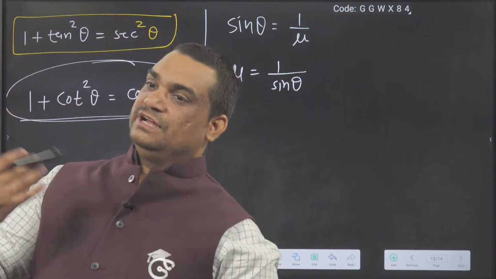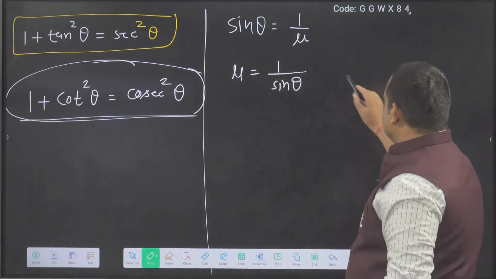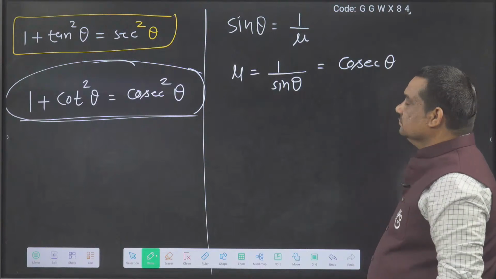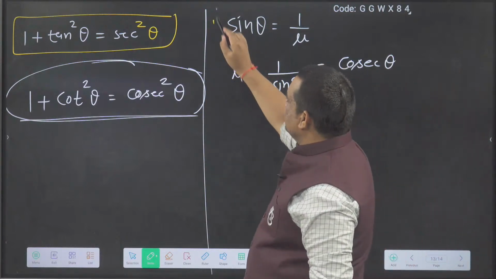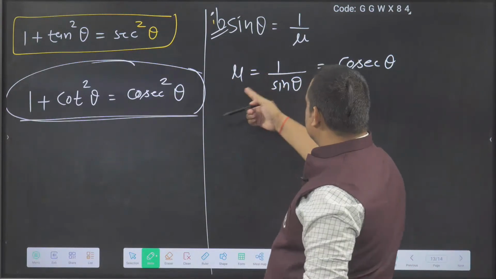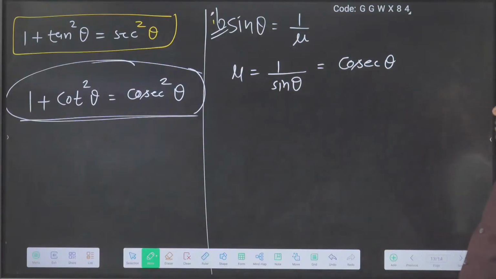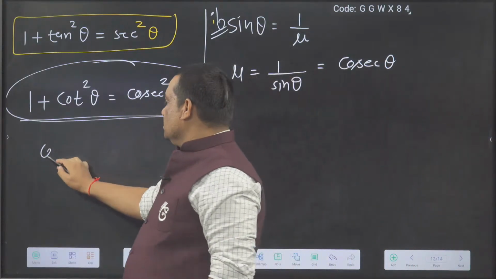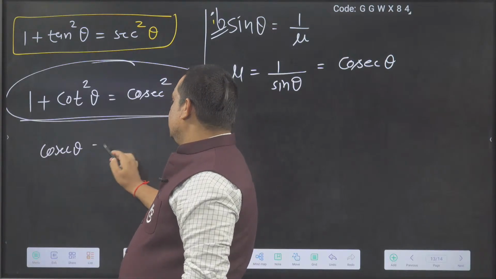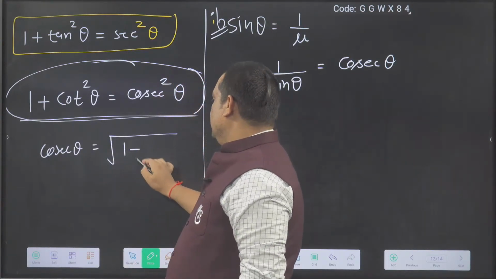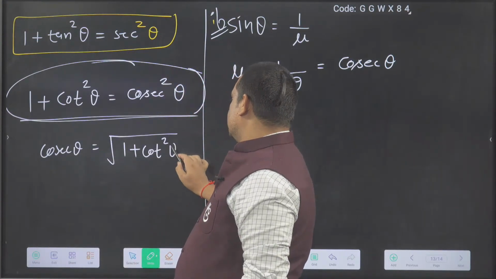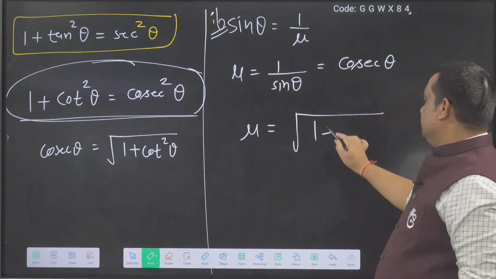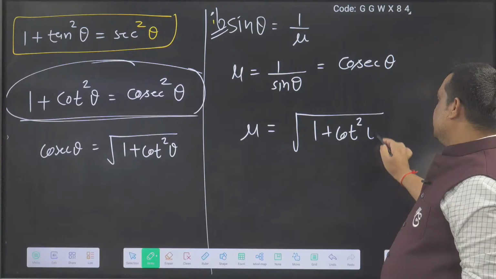You can say, sir, 1 by sine theta is nothing but cosec theta. And cosec theta will be root over 1 plus cot square theta. So mu will be equal to root over 1 plus cot square theta.